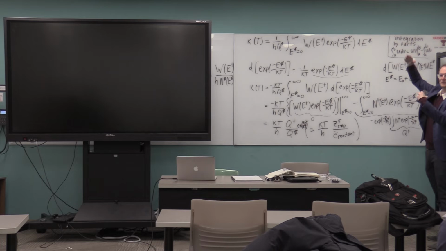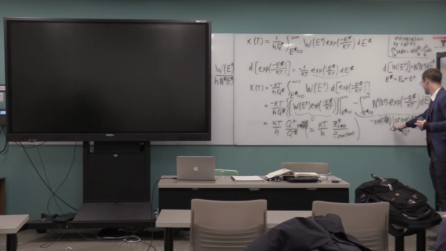That's the amount of energy available to the activated complex. And then the E plus goes into this expression for Q plus, and the E naught comes out front.